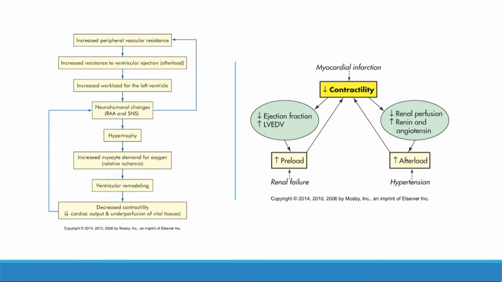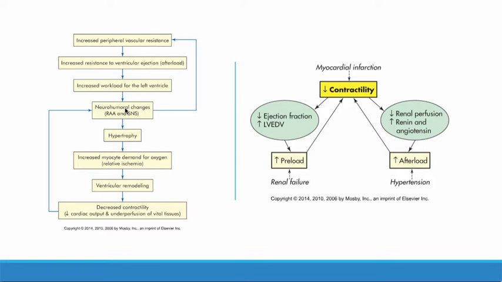So the pathophysiology of heart failure looks like this. We have increased peripheral vascular resistance that gives rise to increasing afterload. The increasing afterload makes it harder for the ventricle to do its work, and that stimulates the neurohormonal changes of the central nervous system, the sympathetic nervous system specifically, and the renin-angiotensin-aldosterone system.